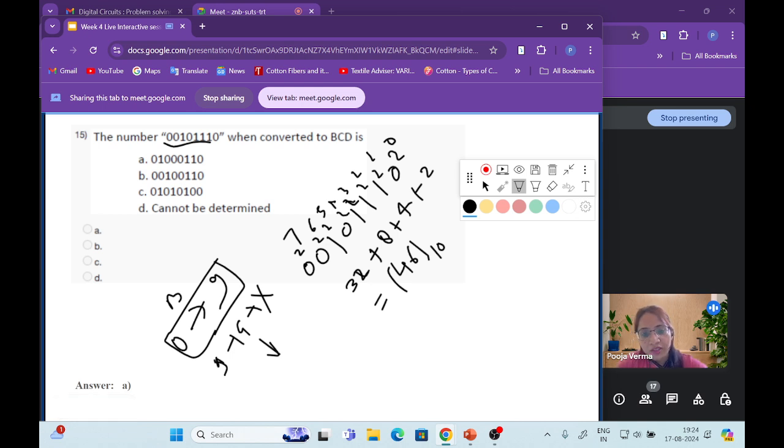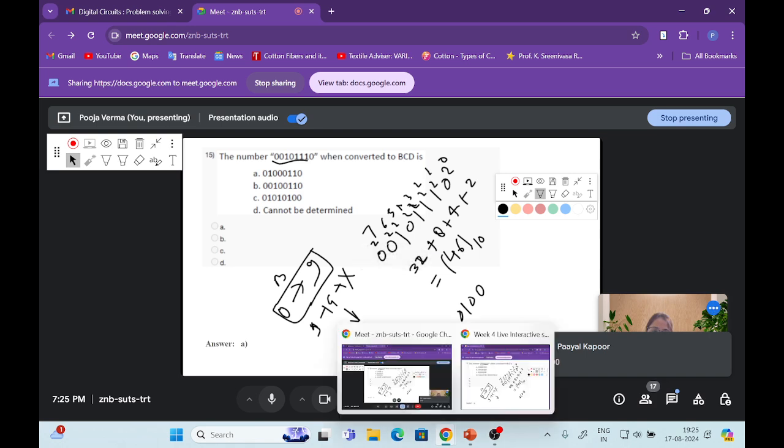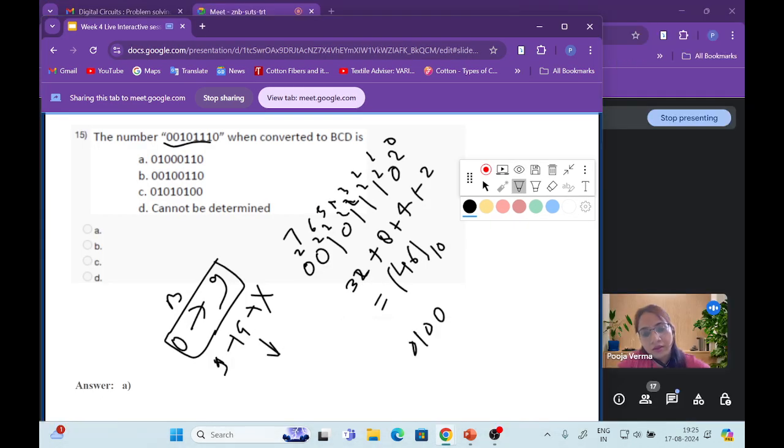So what is the binary representation of 4? Can anyone tell me? 8421, that one. That is 0100, right? And what will it be for 6? Already we know 8, 4, 2, 1, so for 6 that is 0110. Okay, this is a BCD representation.